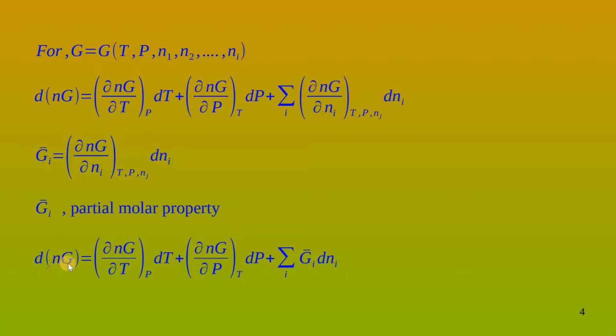Therefore, we can write d(Ng) is equal to ∂(Ng)/∂T into dT, ∂(Ng)/∂P into dP, holding T constant, plus summation of Gi bar dNi. What we do is we just replace this in this equation with Gi bar, and we get this here.